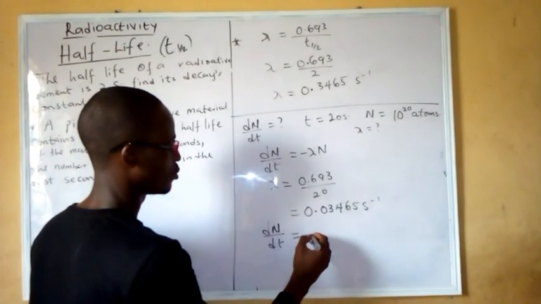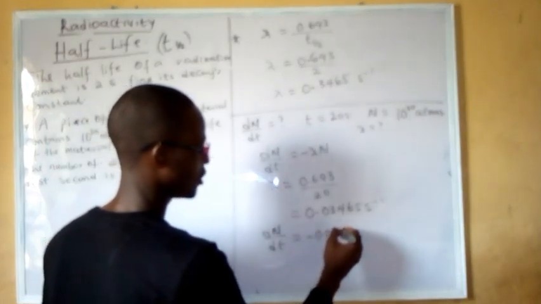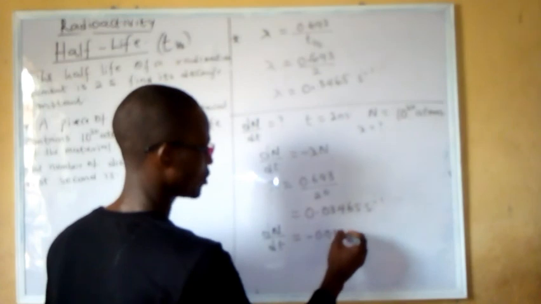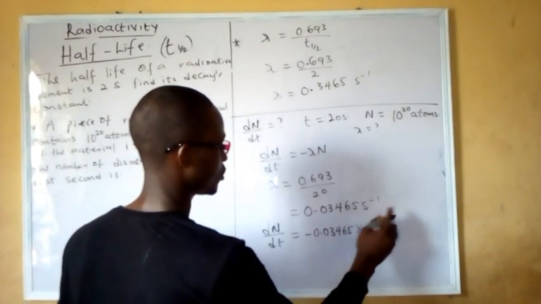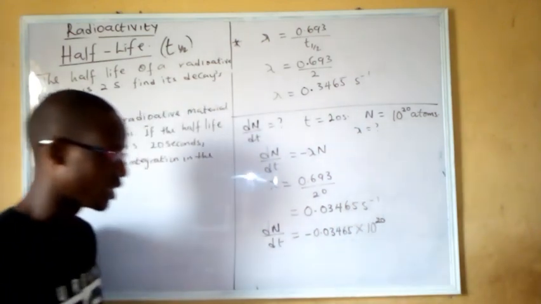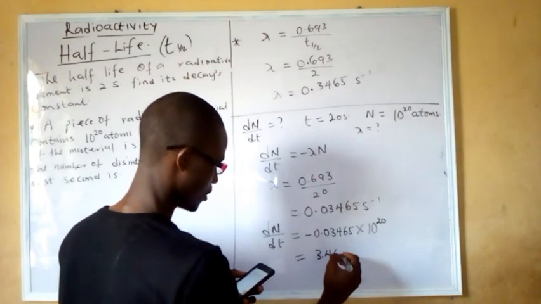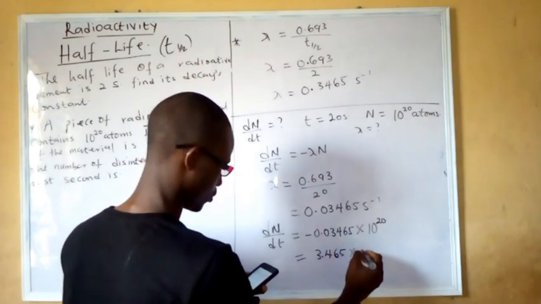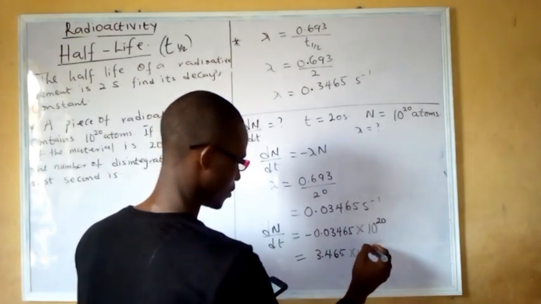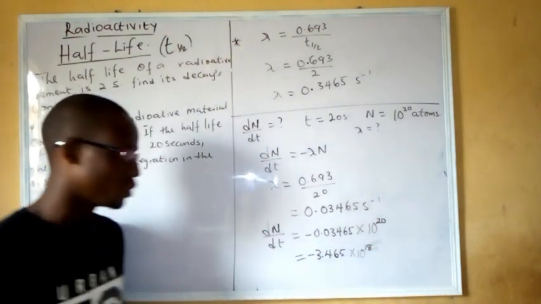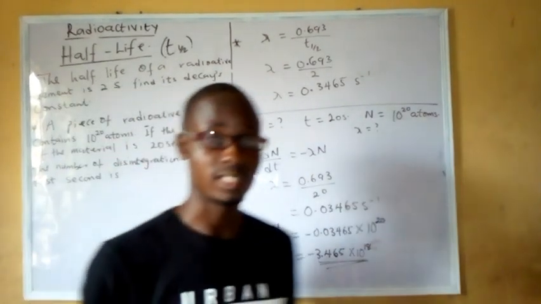That will be equal to minus 0.03465 multiplied by 10 raised to the power 20. And that gives us negative 3.465 times 10 raised to the power 18. So this is the number of atoms disintegrated per second. That's the rate of disintegration.